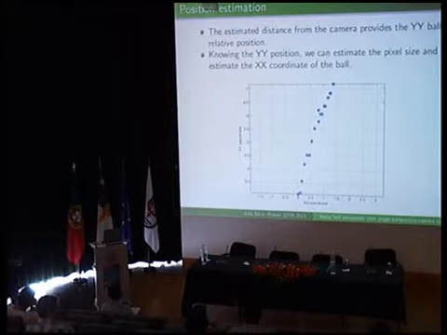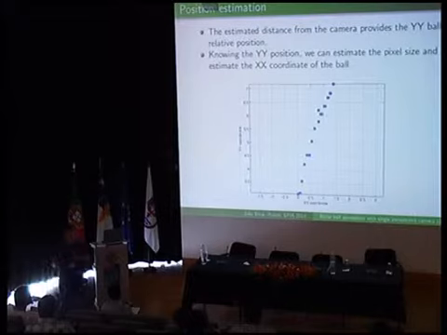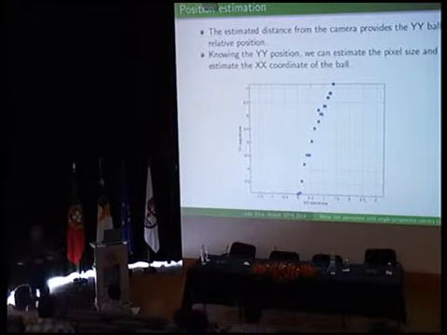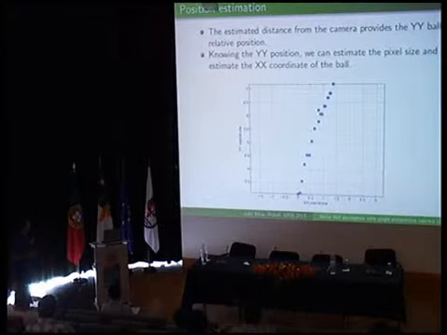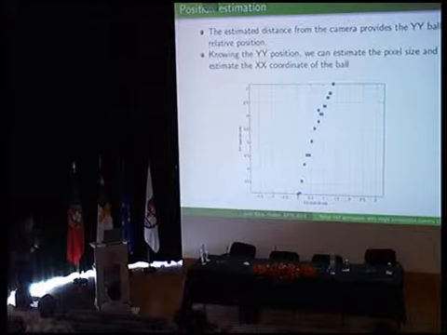Saying that, since the robot sees the ball, we represent the ball in an X and Y system. In our case, the distance of the ball to the camera is directly the Y coordinate, so the front of the robot is the Y axis.